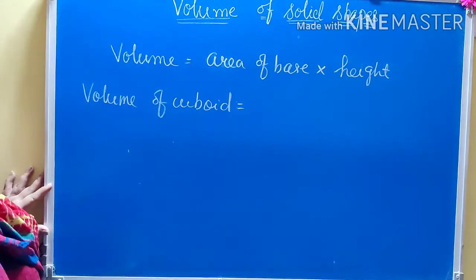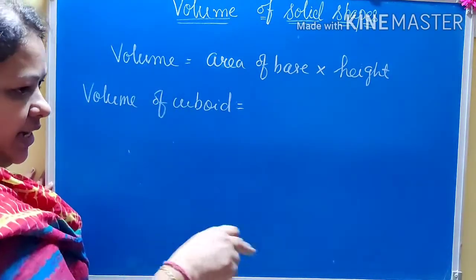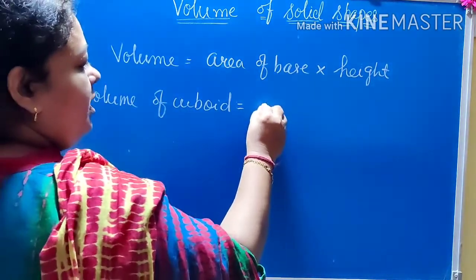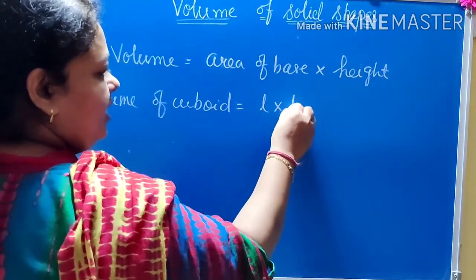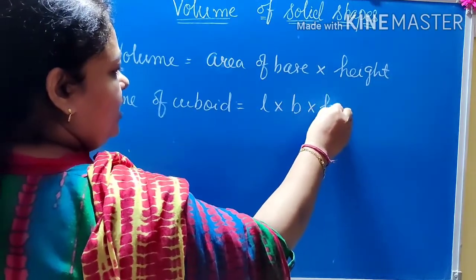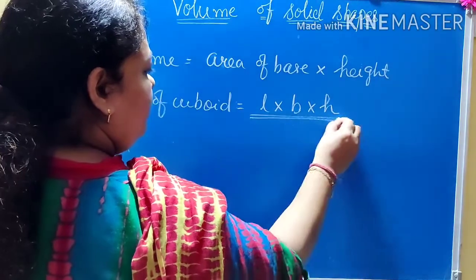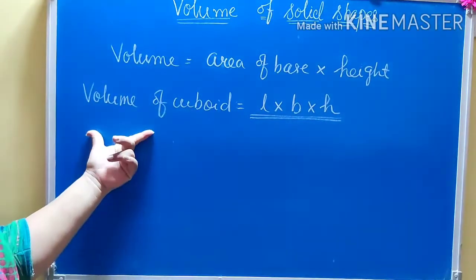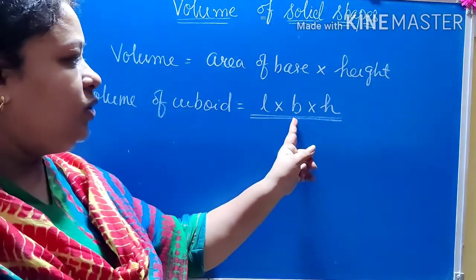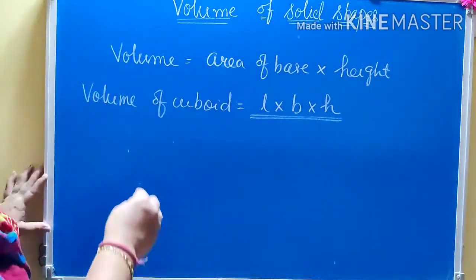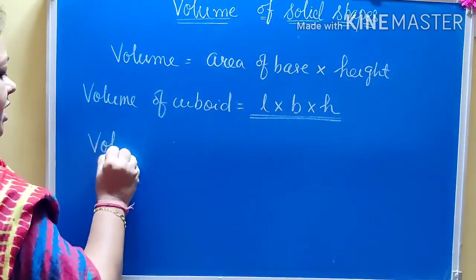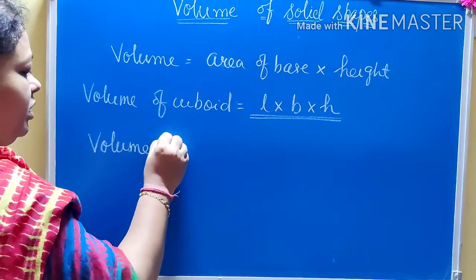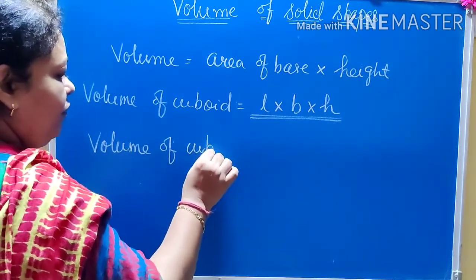In case of cuboid, the base is rectangular in shape, so the area of rectangle is length into breadth, and height is h. So in that way you will get the formula for finding the volume of cuboid as length into breadth into height.